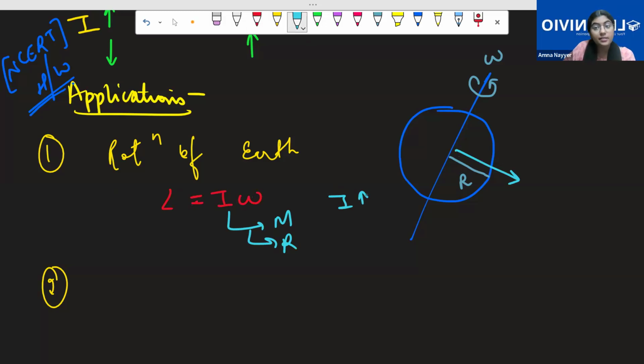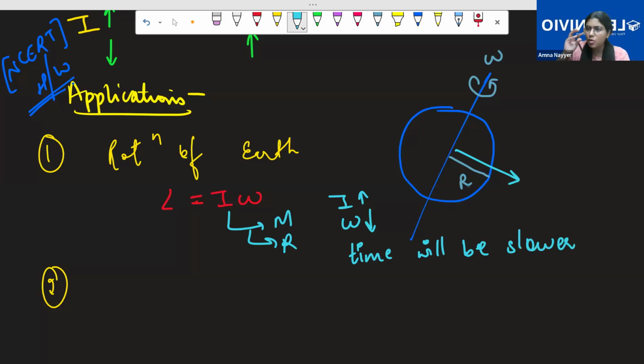So if radius increases, the angular velocity will decrease, meaning time will be slower. It will not just take 24 hours for rotation, it will take more than that, maybe 48 hours. And if the radius of Earth decreases and it becomes smaller, Earth will spin very fast. Time will go by very, very fast.